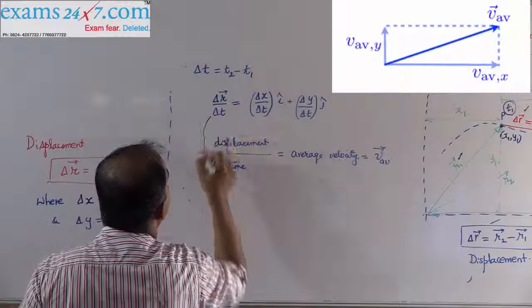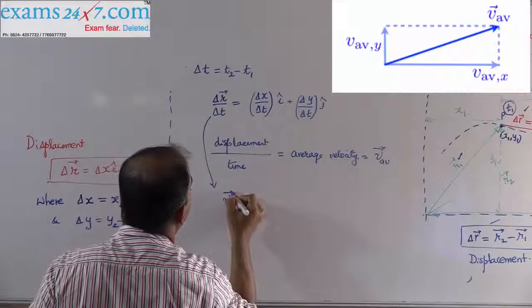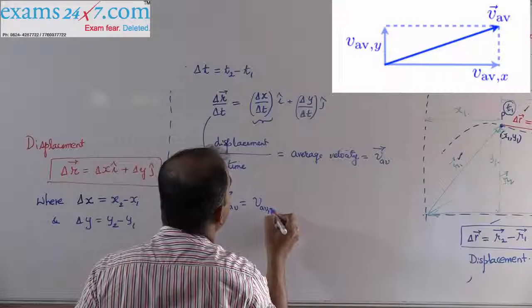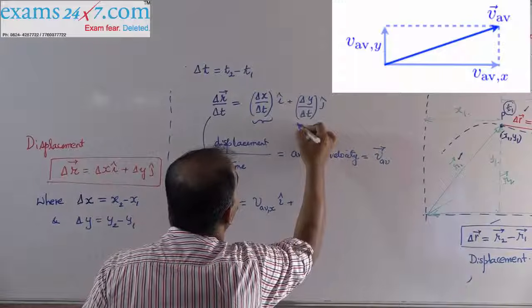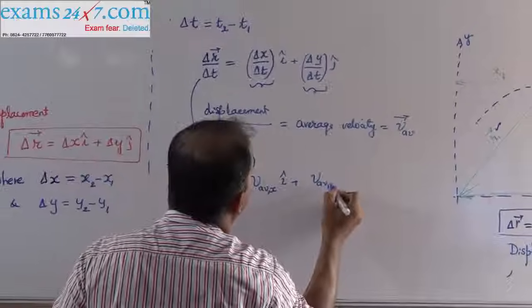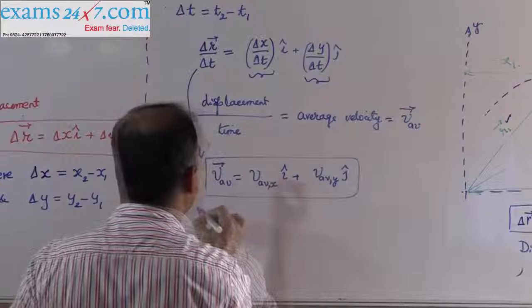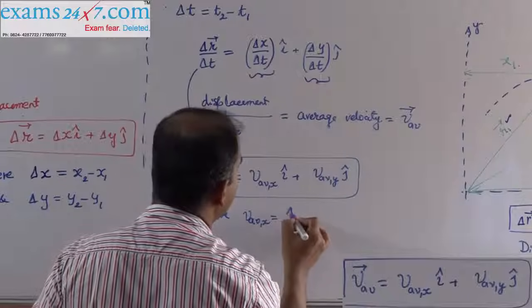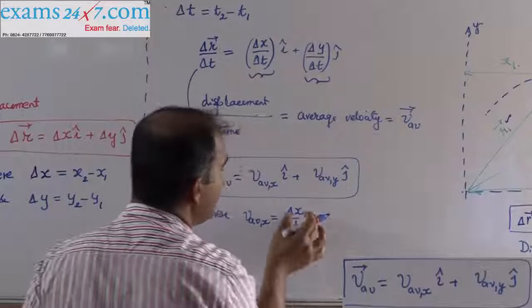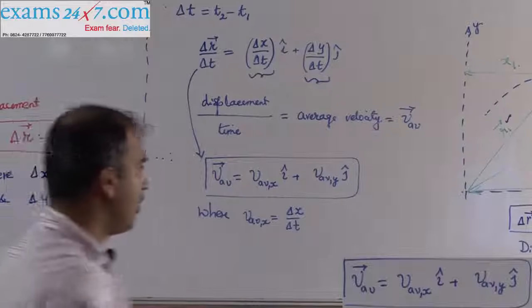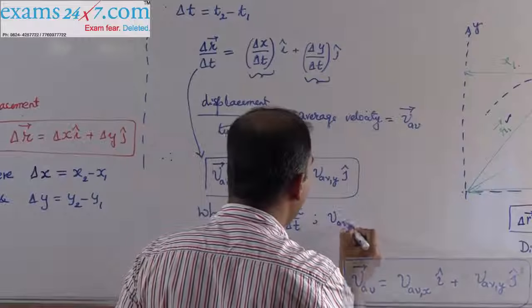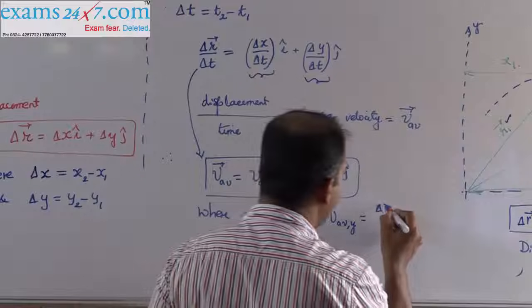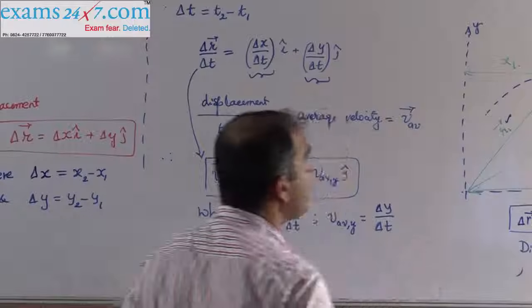Therefore this left hand side is going to become V average, and the right hand side first term is V average X component into i cap, and the next is V average Y component into j cap, where V average X is delta x by delta t, displacement in the X direction by time taken. Similarly, V average Y, the Y component of the average velocity, is displacement in the Y direction by time taken.